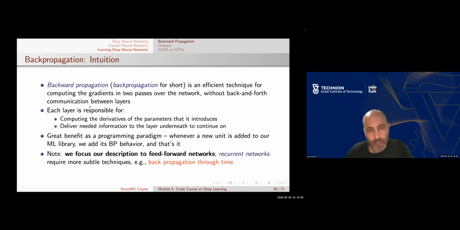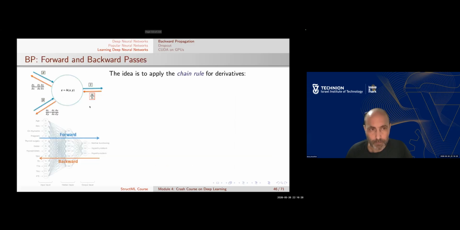Now, our description will focus on feed-forward networks, simply because recurrent networks are more complex. We are reusing parameters, doing parameter sharing, so you need more complex techniques like backpropagation through time, but the idea is similar.